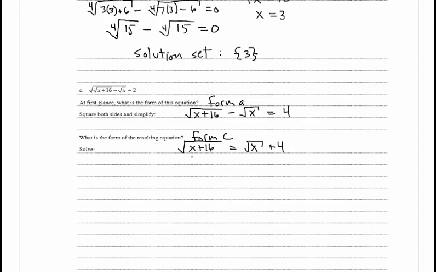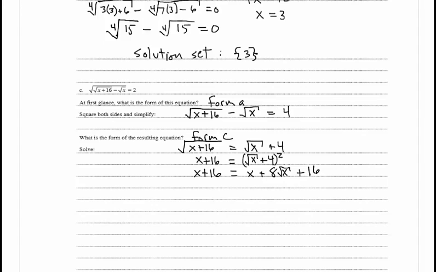And now I'm going to square both sides. And when I square both sides, I get x plus 16 is equal to the square root of x plus 4, squared. And here we have a perfect square trinomial. So we have x plus 8 square root of x plus 16.